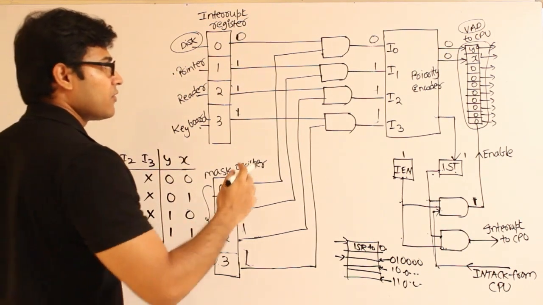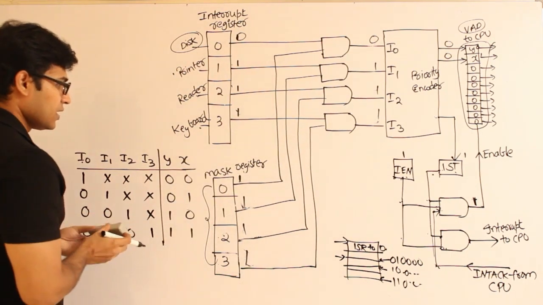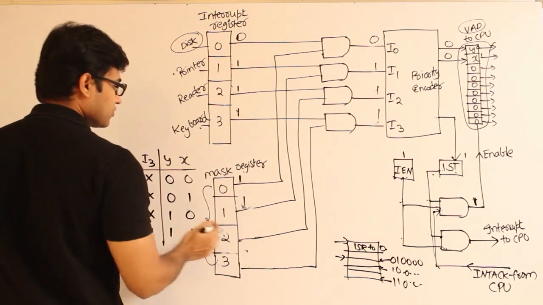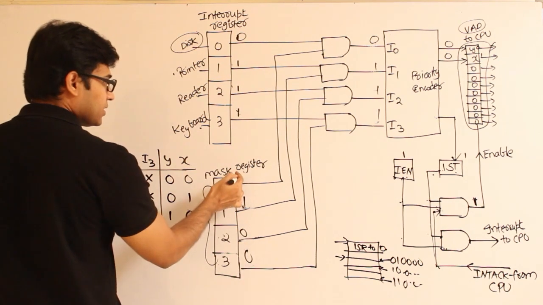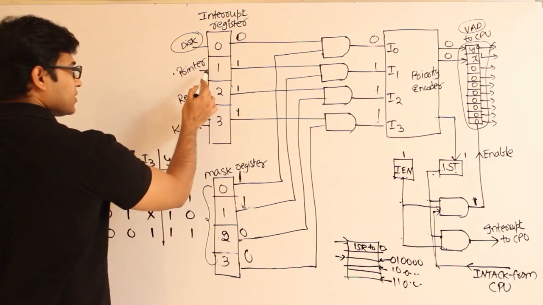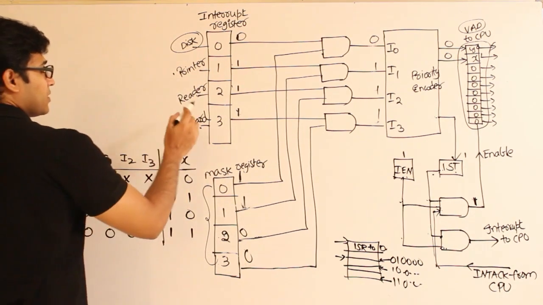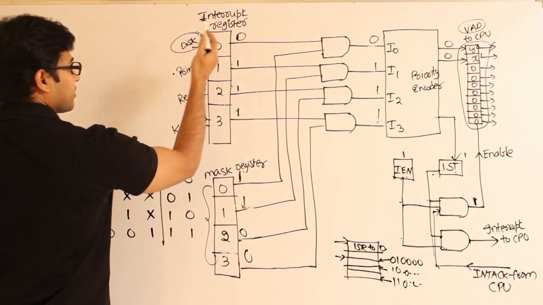Got it? Now when we go to the printer's interrupt service routine, it will try to disable these two, but it will enable this one, which means while the printer is being serviced, it is allowing the disk to interrupt it.